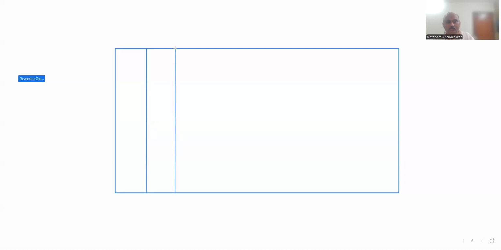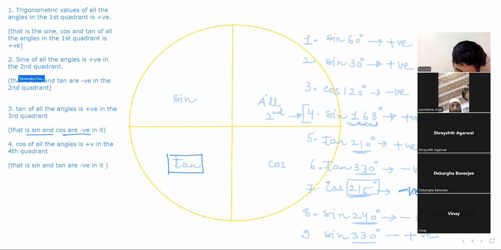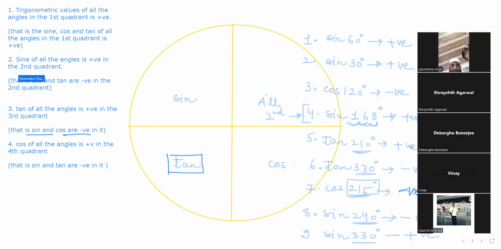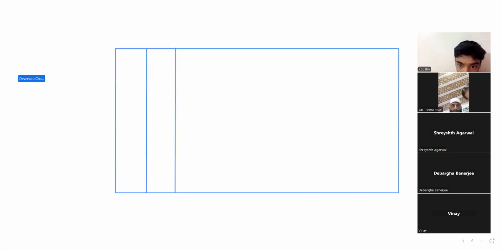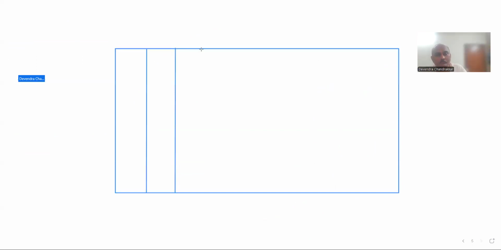Sir, can you please show the previous slide again? Okay. Please draw this table with me.